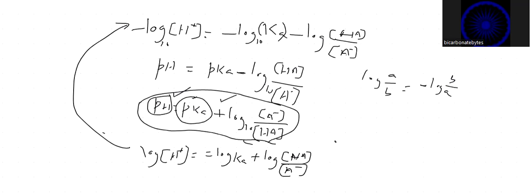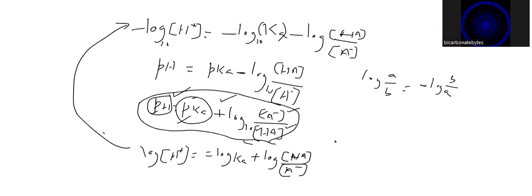Therefore, it's just the ratio of salt by acid. So when you take a buffer and dilute it, the pH is not going to change because the concentrations of salt and acid are going to get diluted equally. I've already discussed this in my previous video. The pH of a buffer doesn't change when you moderately dilute the buffer.